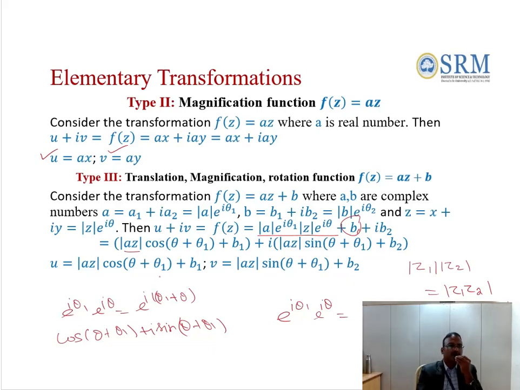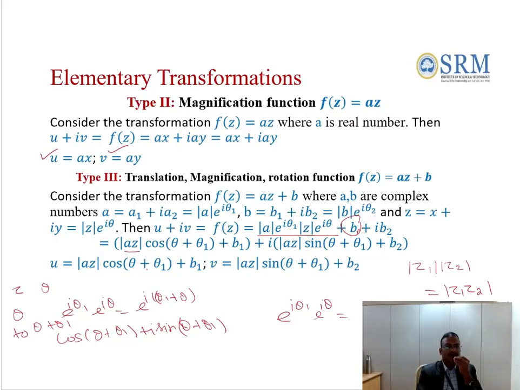So what it says is that originally the complex number z having the angle θ, if you multiply z by a, then the angle is changed from θ to θ + θ1. Therefore we have some rotation. And then the magnification is done by |az|.